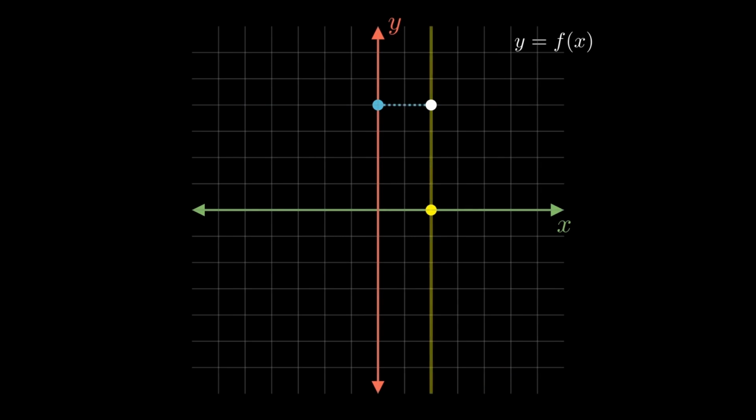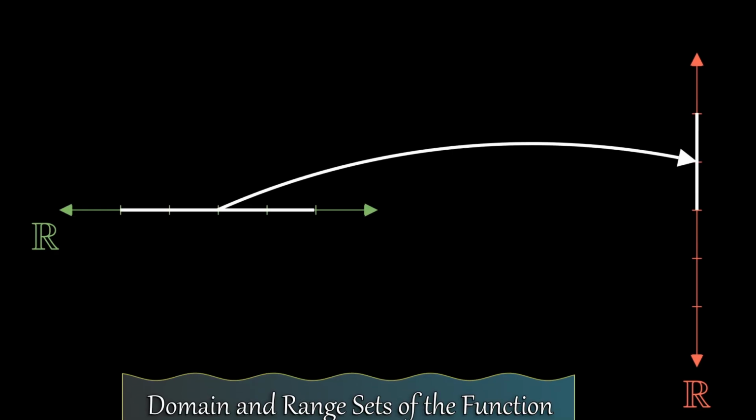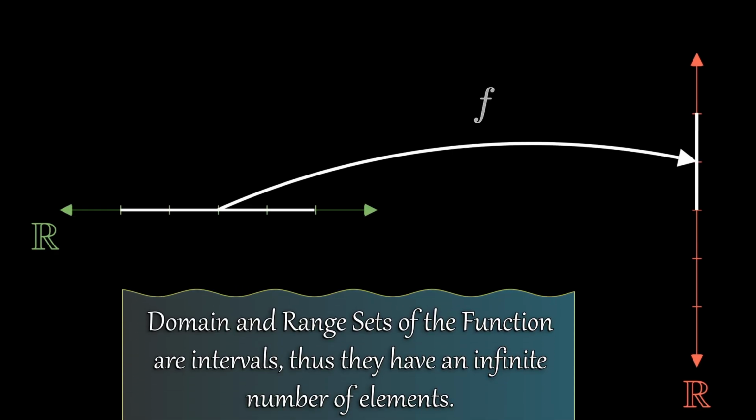Many functions have domain and range sets which contain an infinite number of points. Some of these functions may be represented through the following illustration. Since it's not possible to sketch an infinite number of arrows from domain points to their images, it is not possible using this representation to determine what the function f actually is.